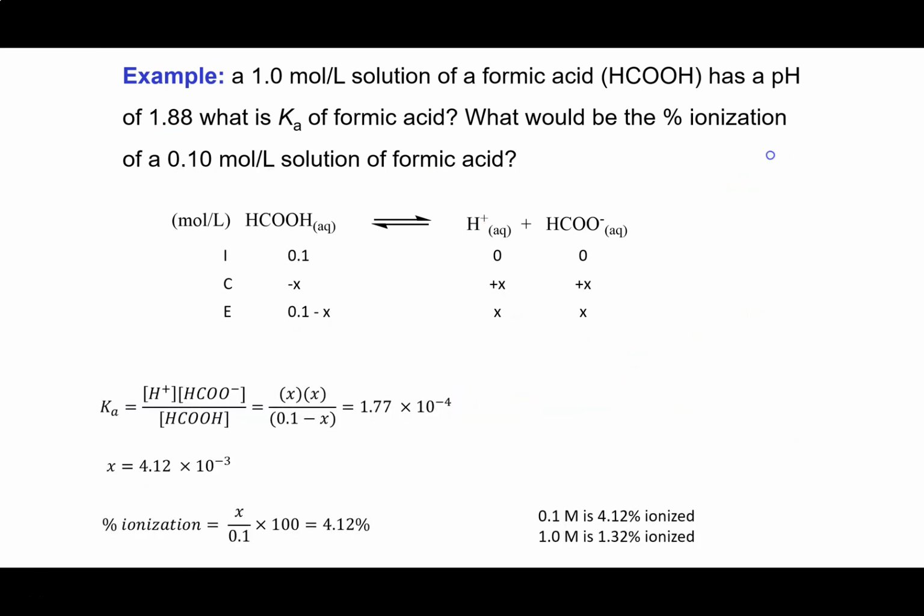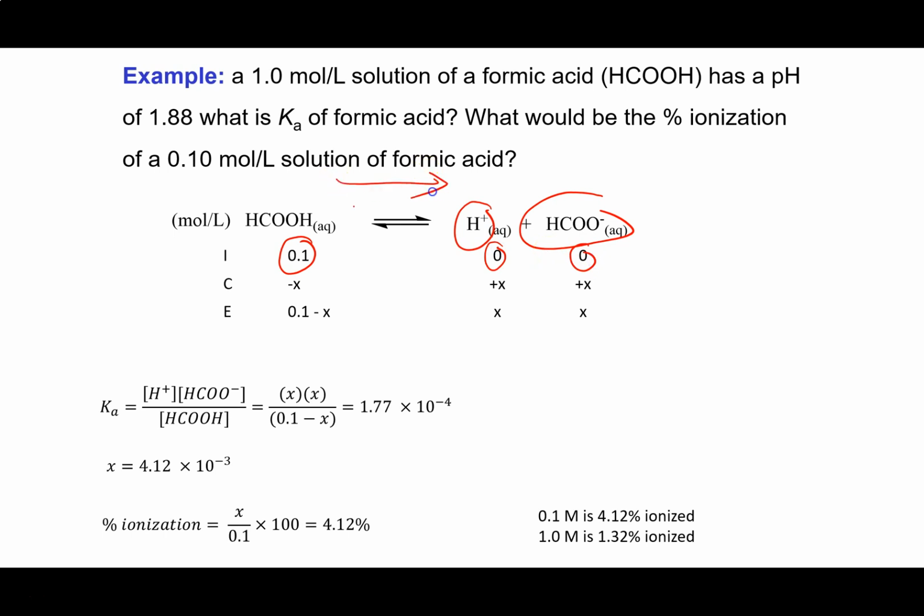So now what I can do is create an ICE table for my 0.1 mole per liter solution. Here I've got formic acid in equilibrium with hydrogen ions and the formate anion, its conjugate base. But now my initial concentration of formic acid is 0.1 mole per liter. Right at the beginning, these are going to be 0 and 0.